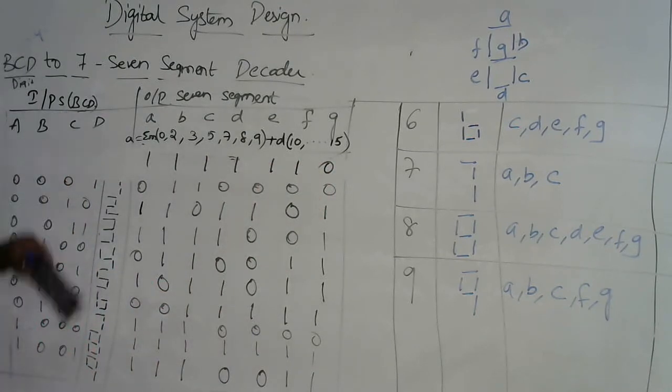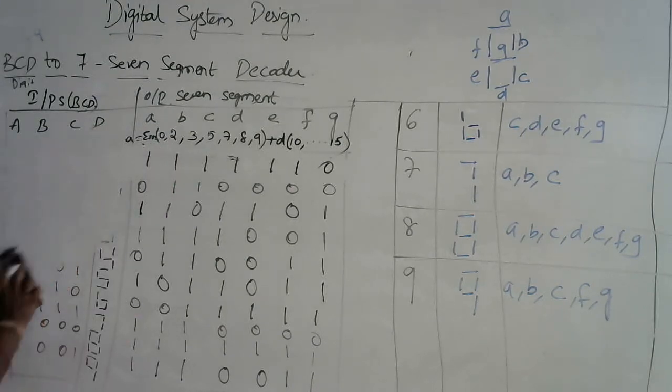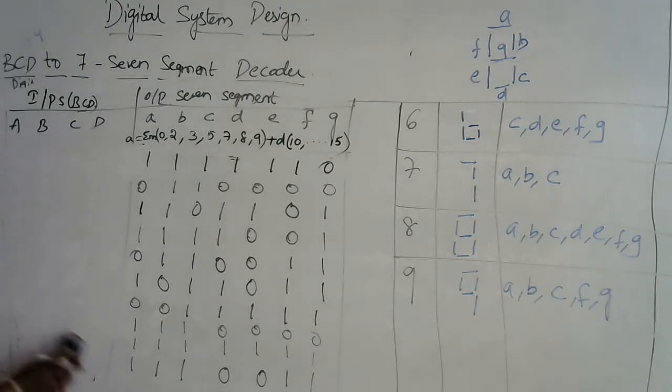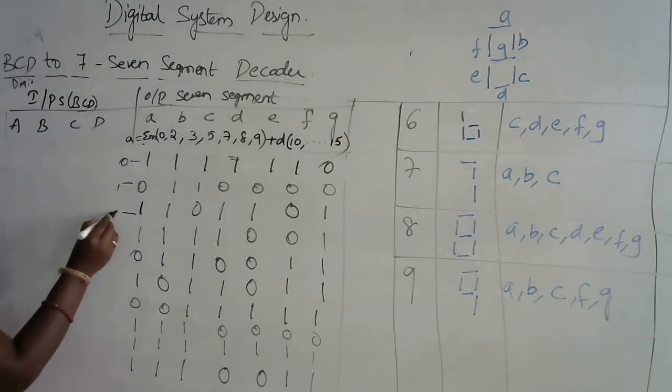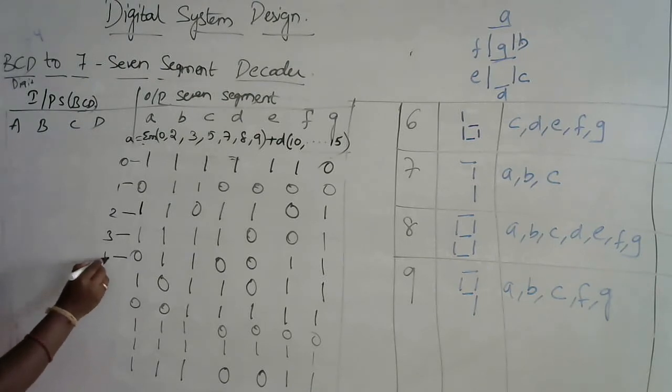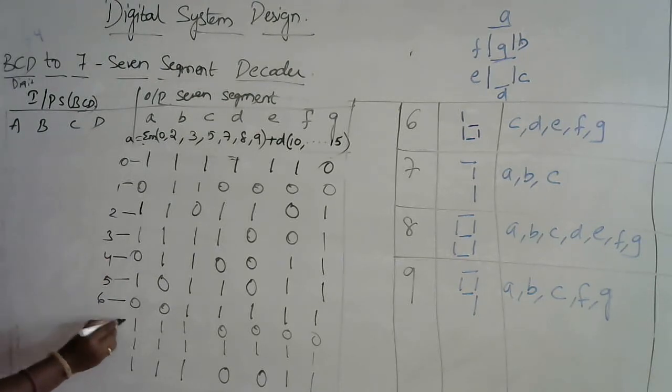So as I want all the columns to be presented, if you observe the B, I'll erase this part, and you know that this is 0, 1, 2, 3, 4, 5, 6, 7, 8, 9.